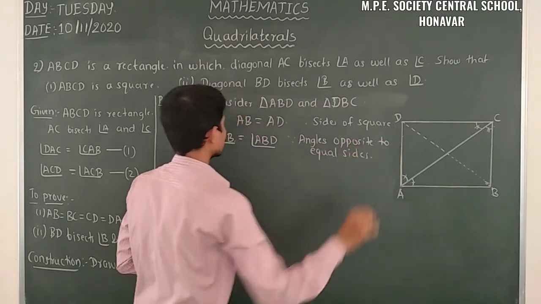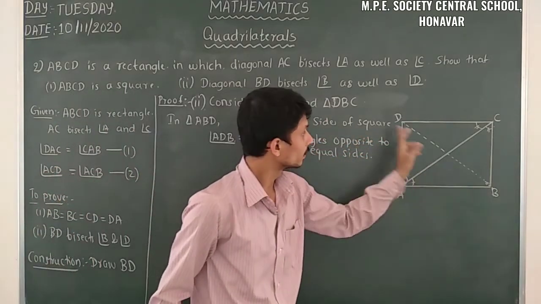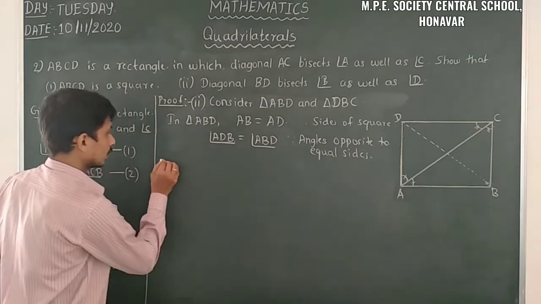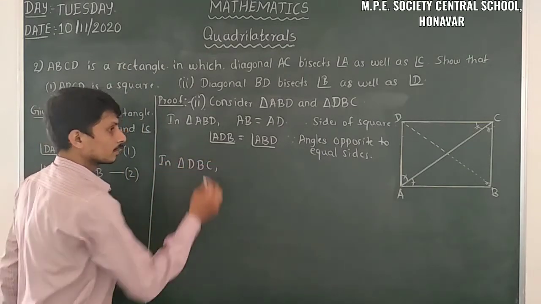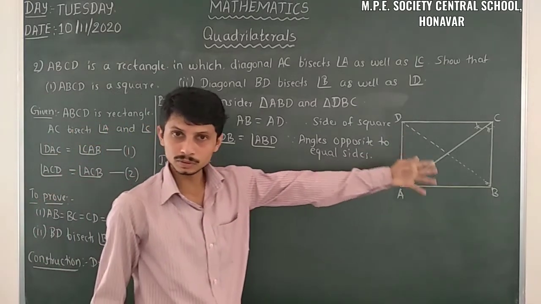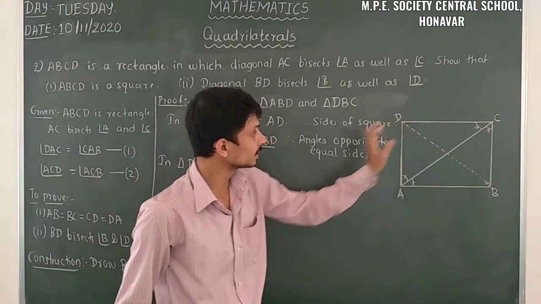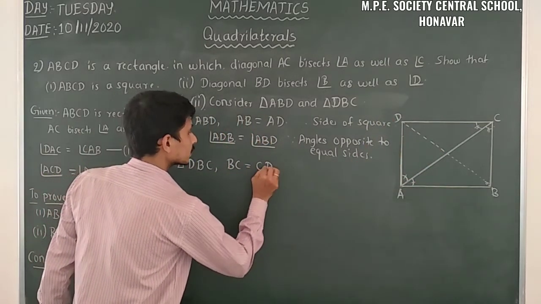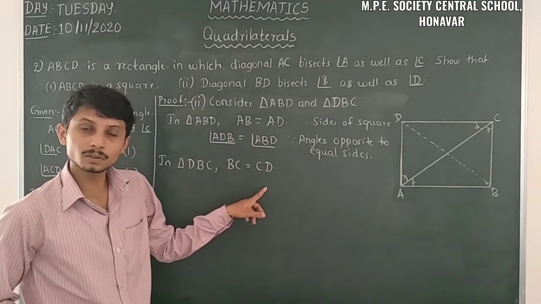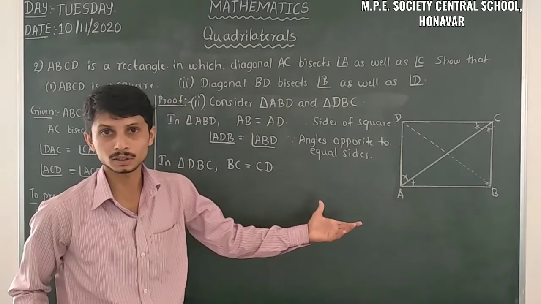Then let us consider triangle DBC. In triangle DBC, we have another set of equal sides, that is, BC is equal to CD. When BC is equal to CD, the angles opposite to these two equal sides are also equal.